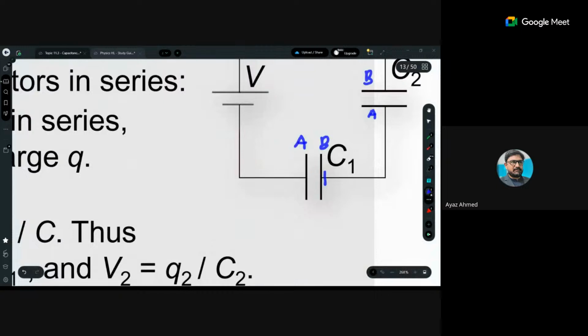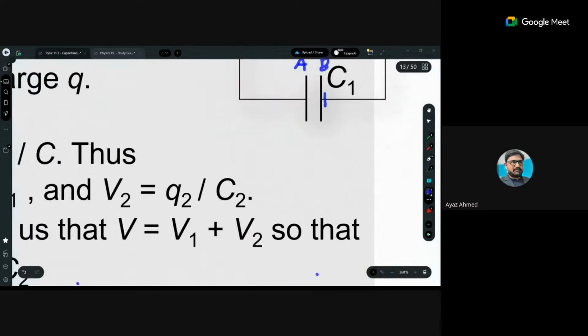I would like to make you clear in such a way. This is plate 1 of a capacitor, this is plate 2 of the same capacitor, this is plate 1 of the second capacitor, this is plate 2 of the second capacitor, and these capacitors are connected with each other in this way. According to our concept of electrostatics, do you know why the charge is accumulated on this? Electrostatic induction takes place.